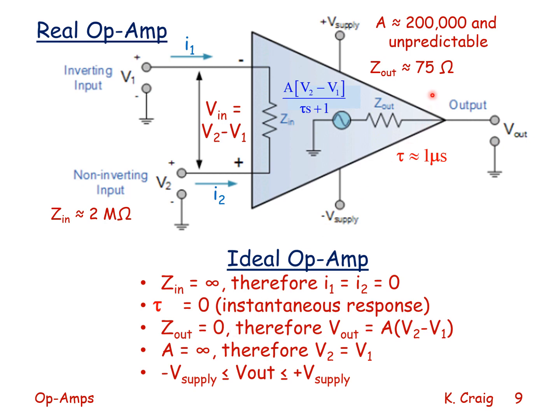Here it's small, 75 ohms, but not 0. For an ideal op amp, Vout equals A times (V2 minus V1). A is infinite, therefore V2 equals V1. And the output must stay between the supply voltage values, minus V supply and plus V supply.